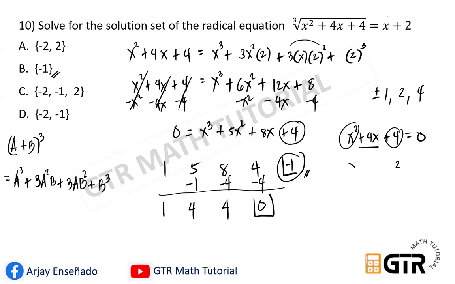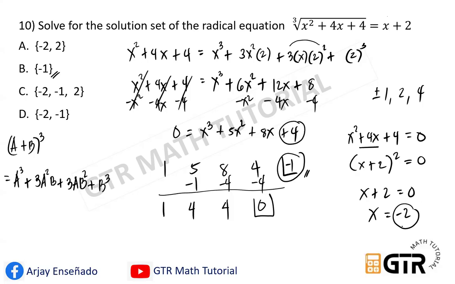Square root of x squared is x. When we multiply this, we have 2x and then times 2, we have 4x. So therefore, this is a perfect square trinomial. This can be written as x plus 2 squared equals 0. Extract the square root of both sides. So we have x plus 2 equals 0. Subtract 2 from both sides, x equals negative 2.